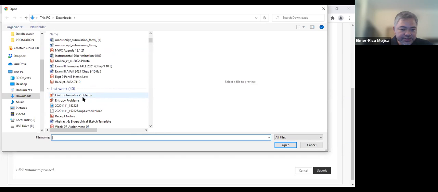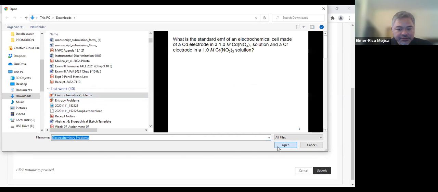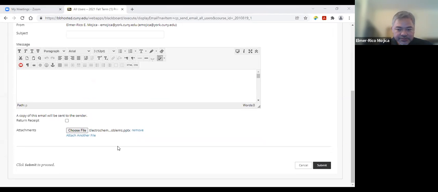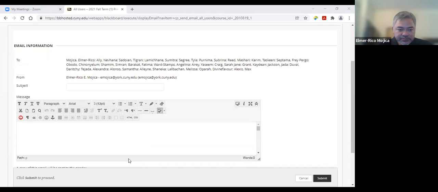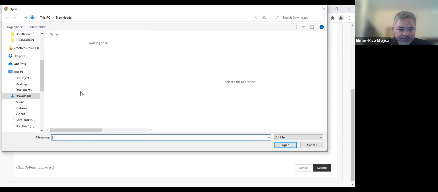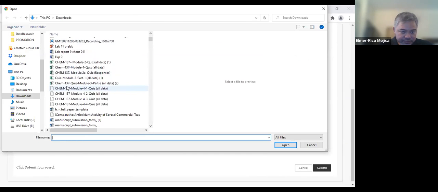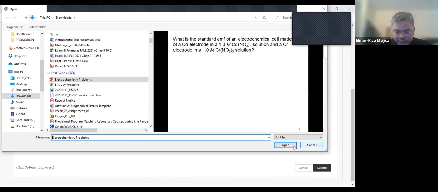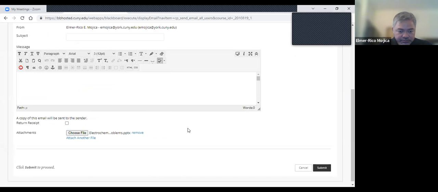So it's called electrochemistry problems. The problem is it's usually a big file, but we'll see. Choose file. Okay, let's try this. Okay, it's attached now.